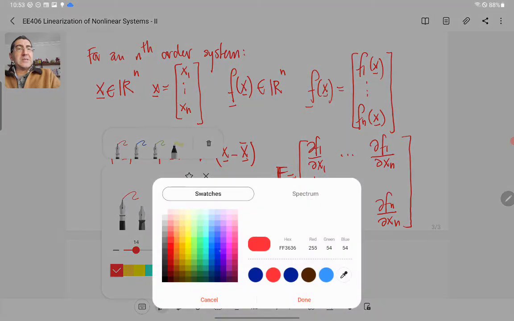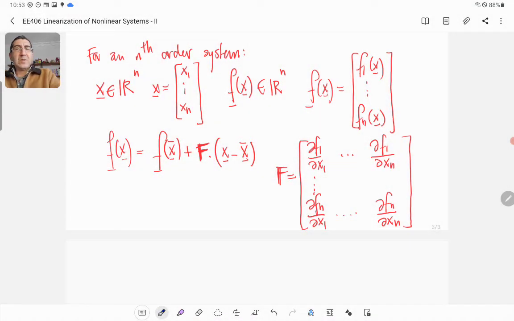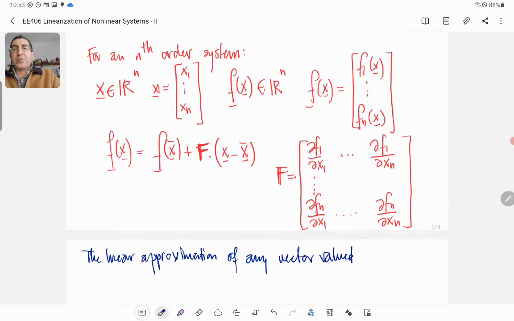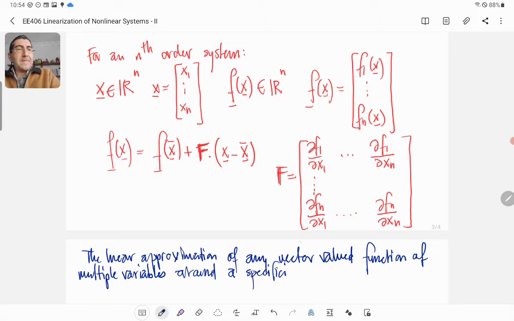So what is this? This is basically the linear approximation of any vector valued function of multiple variables around a specific vector point x bar.